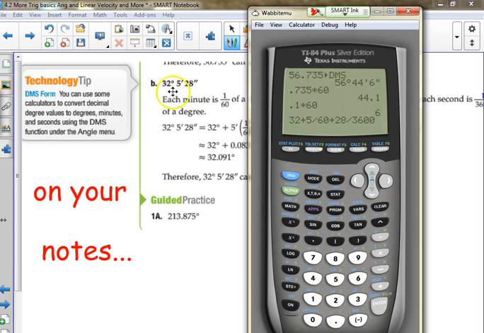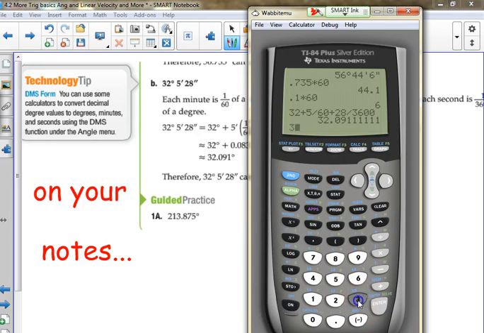Okay, 32 plus 5/60 plus 28/3600, because that's how many seconds in a degree or seconds in an hour. And I'd get this lovely number, which they rounded to 0.091. Okay. If you want to do it on the calculator, it's a little bit of a nuisance.